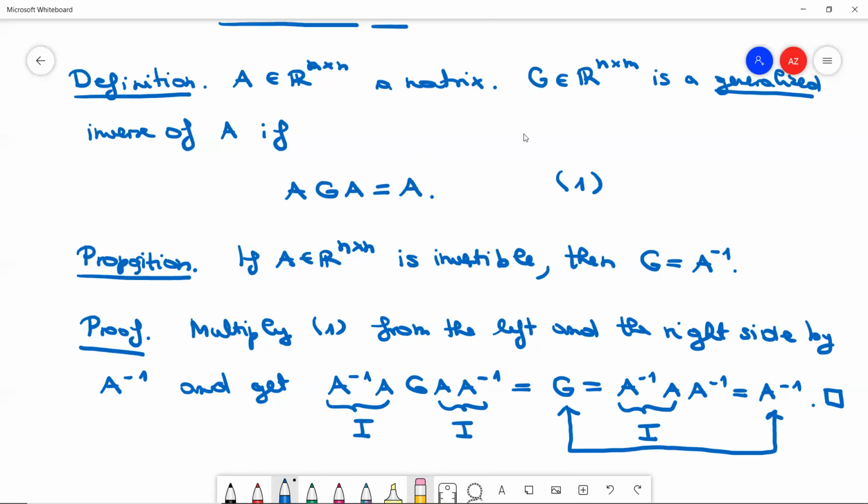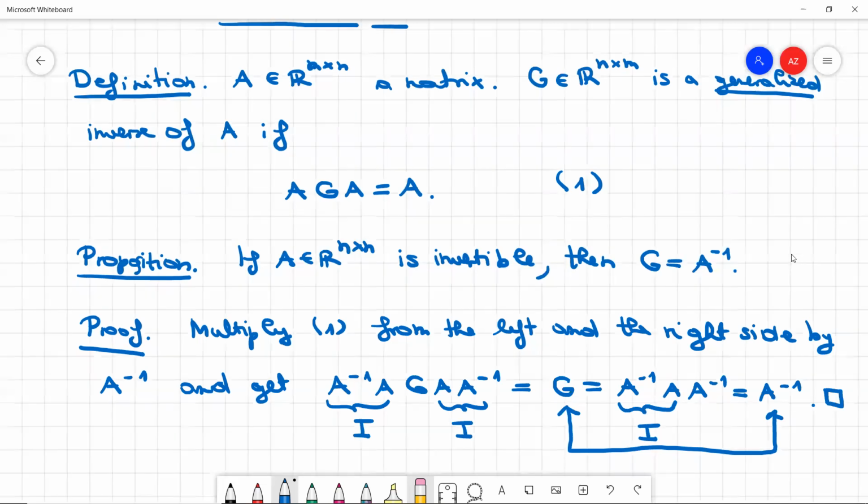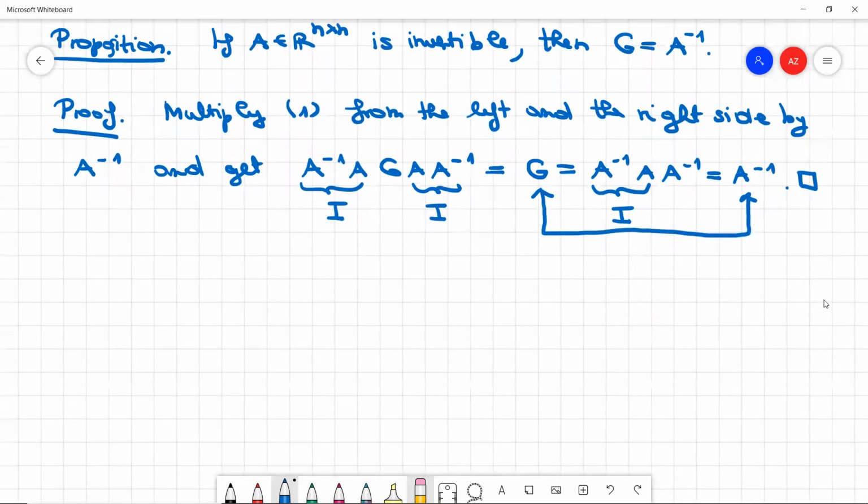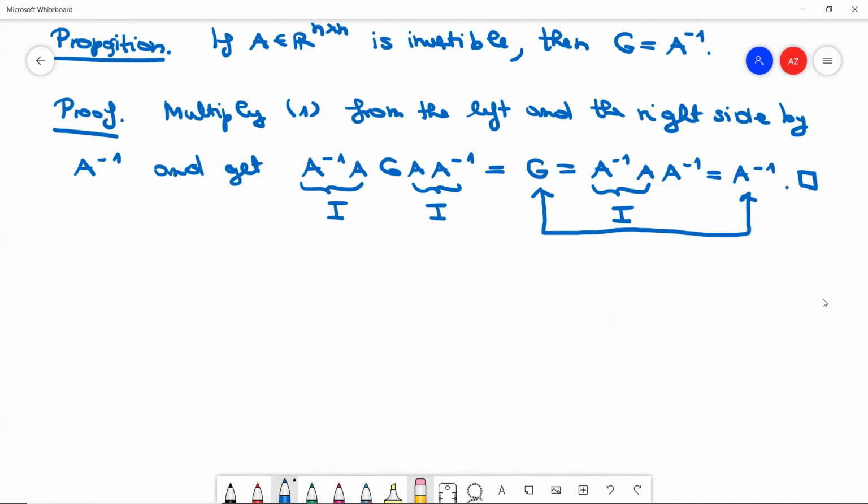Okay, and let's now prove that a generalized inverse for any matrix, not only a square matrix and not only an invertible matrix, always exists. So proposition, or we can say theorem, because it will be important for us in the continuation.